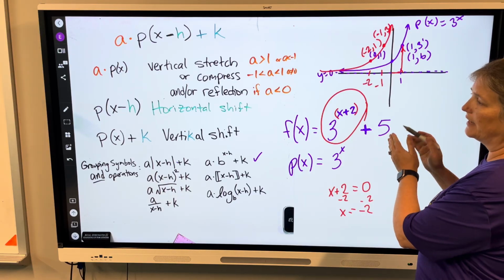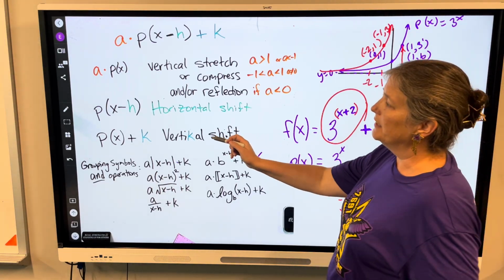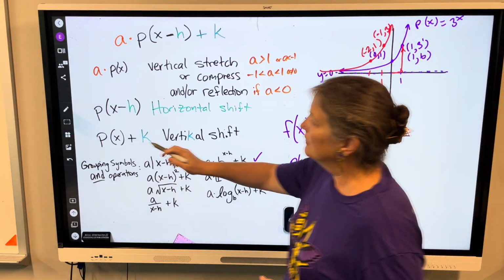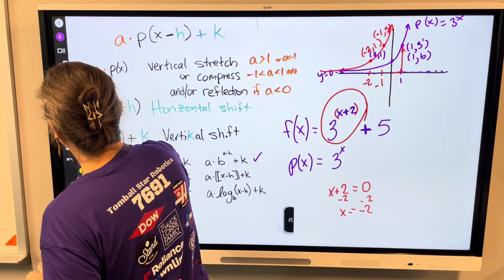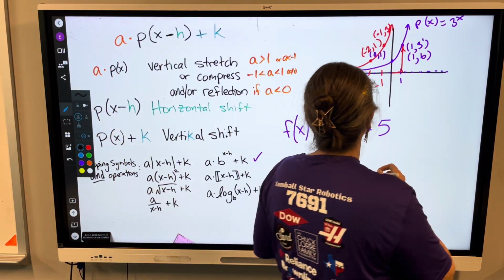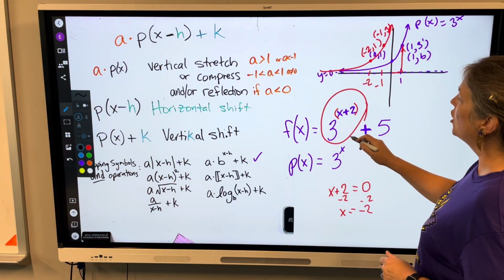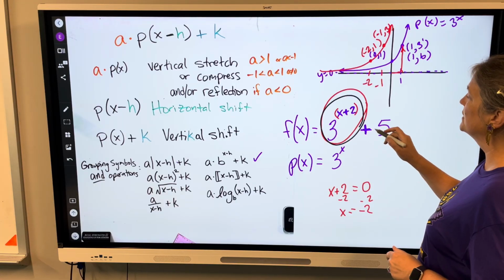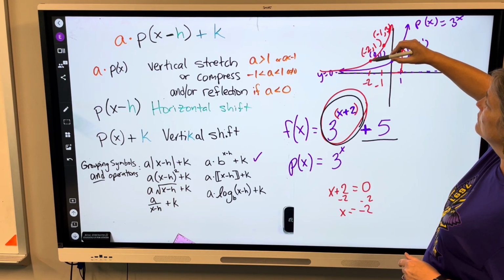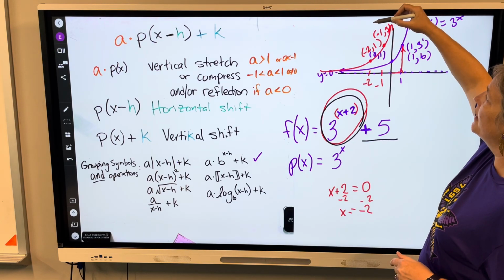My very last transformation here is the vertical shift. I'm going to use a different color. Let's use black just to make it nice and bold. If I take all of these y values and add 5 to them, that means everything that was here is now 5 higher.